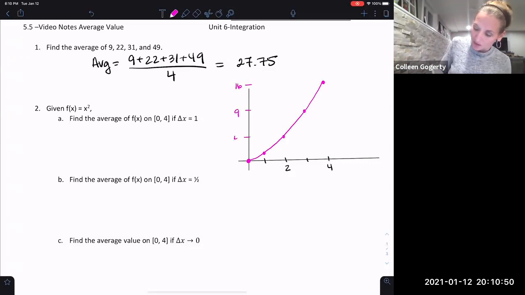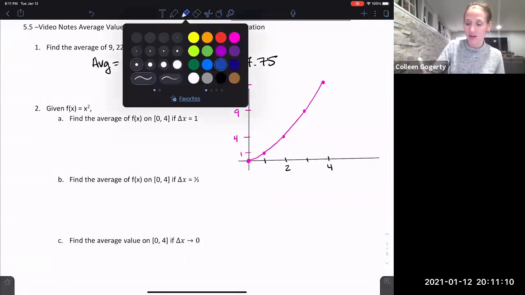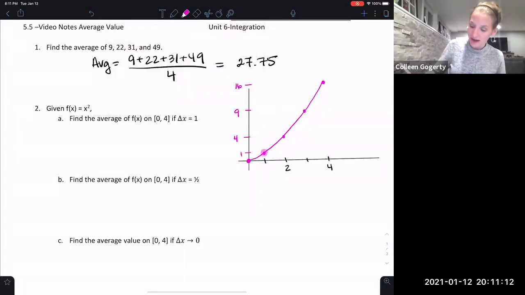Now, what I'm asking is what is the average on the interval of 0 to 4 of these outputs if I make the change in x 1? Well, if we want the change in x to be 1, then the exact points that I have currently on the screen are the values that I'm talking about adding up.